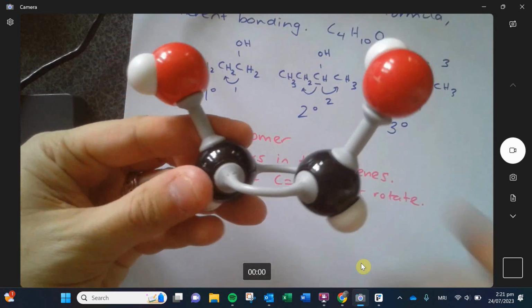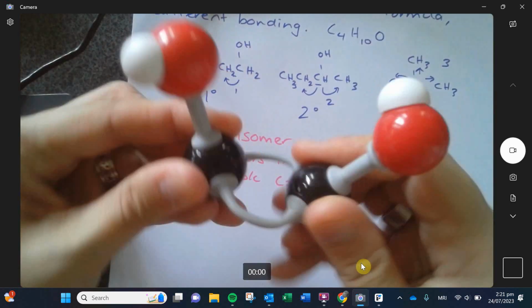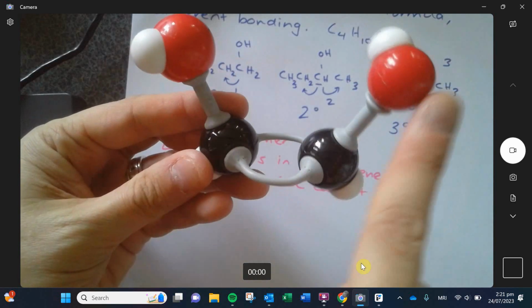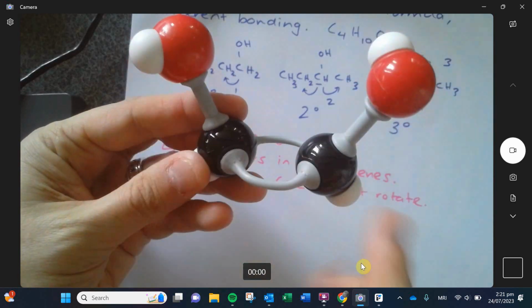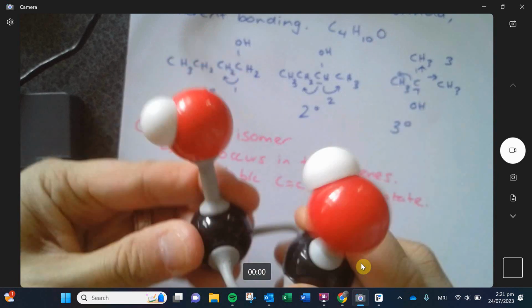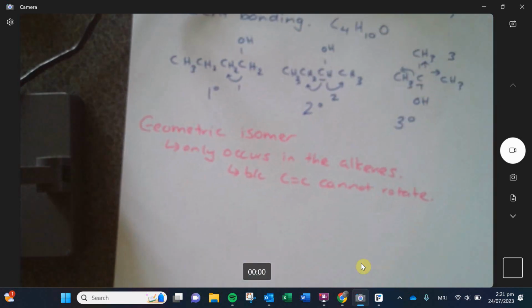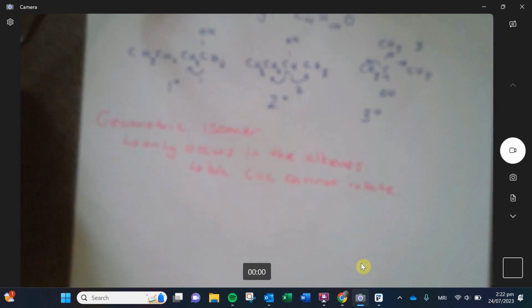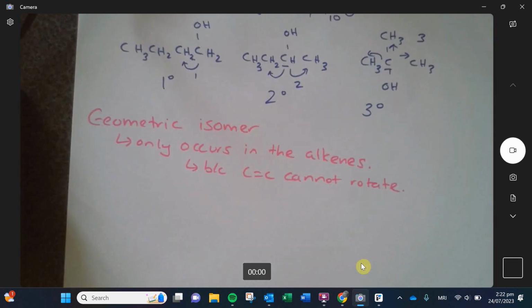What now happens is I cannot rotate this molecule around. So it matters where these alcohols are located. So if I was to do a molecule like that, I would, for example, have 2 options.